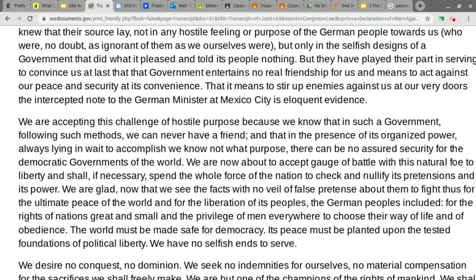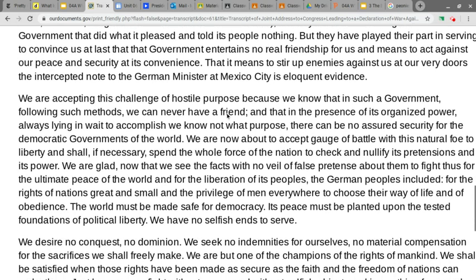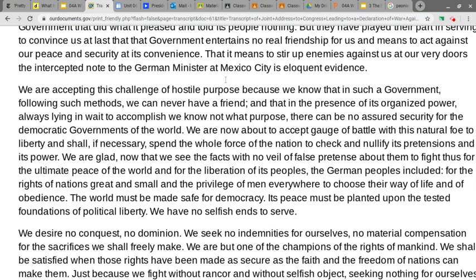But they have played their part in serving to convince us at last that the government entertains no real friendship for us and means to act against our peace and security at its convenience, that it means to stir up enemies against us at our very doors. The intercepted note to the German minister at Mexico City is eloquent evidence.